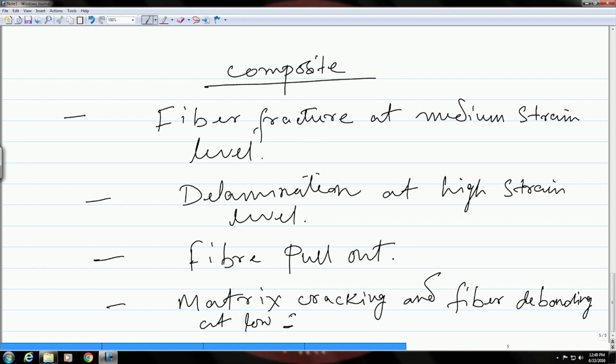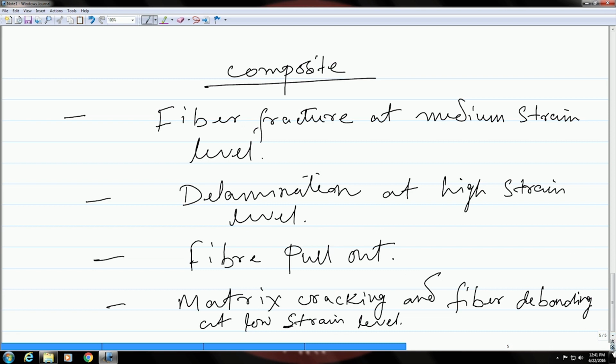In the other previous two cases, it was at medium strain and high strain, and at lower strain you could have this kind of phenomena happening inside a composite material. The matrix can crack, or the fiber can separate, or the fiber can debond at low strain levels. Okay. So, these are the different sources in case of composite materials.